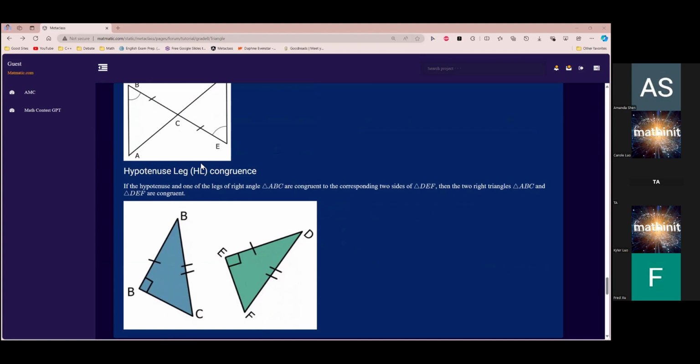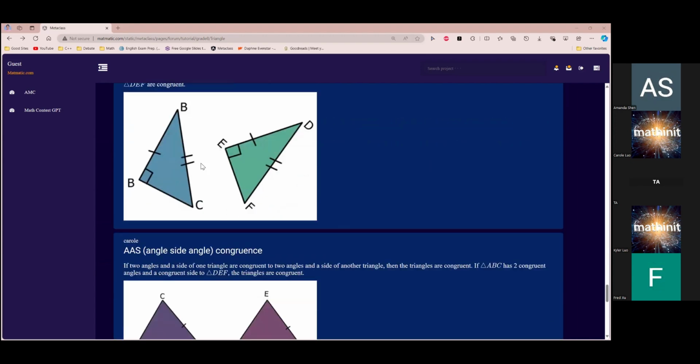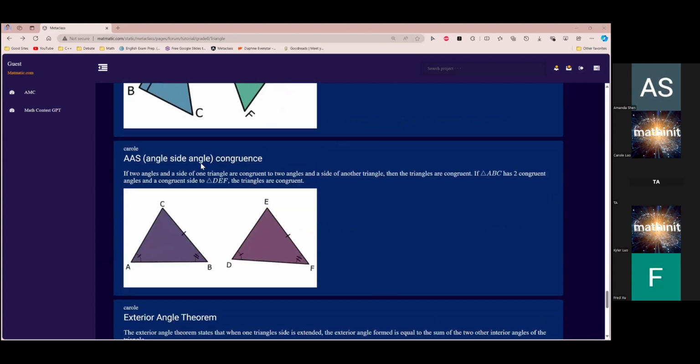So if the hypotenuse and another leg of a right triangle are the same, then you know the two triangles are congruent because of the 90 degrees. They share the same angle and two same sides. And then the last type of congruence is when you know two angles and one side length of a triangle, and they're all equal to the other, then the two triangles are congruent.